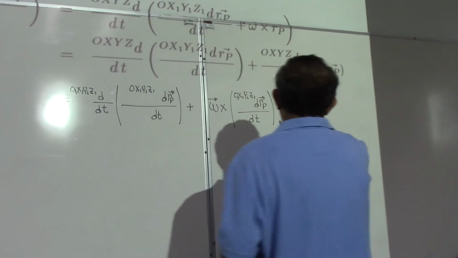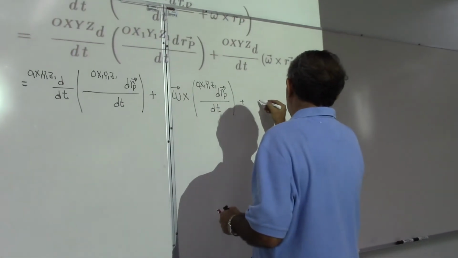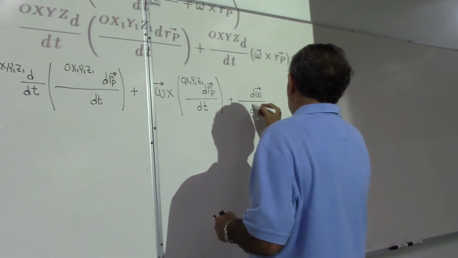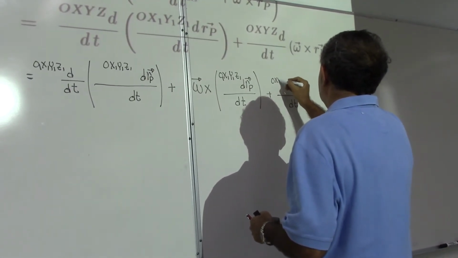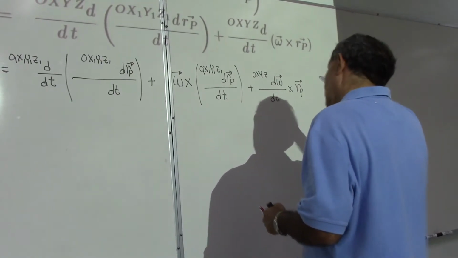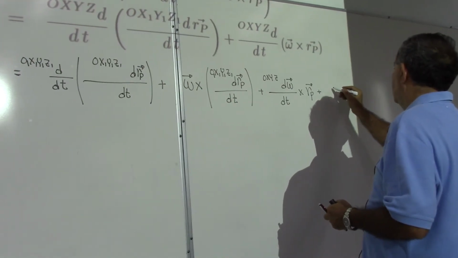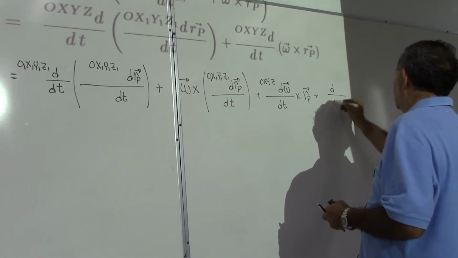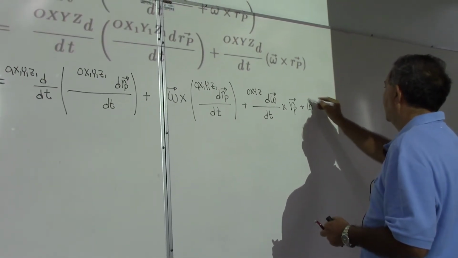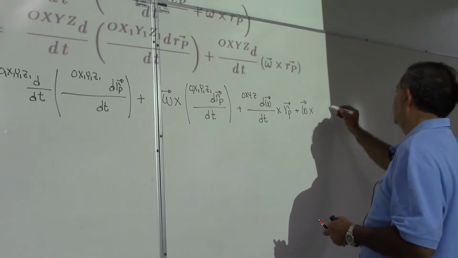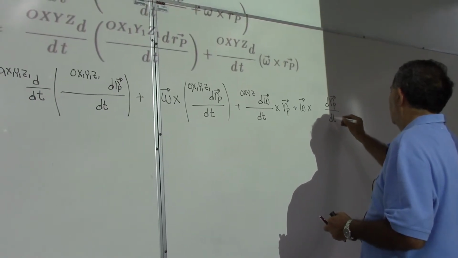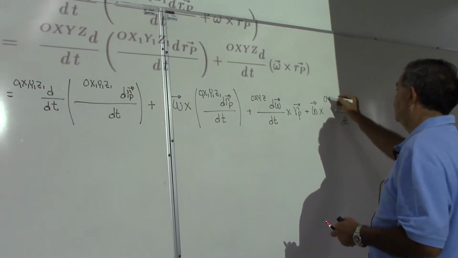Over here we are going to have the time derivative of the angular velocity times Rp, plus omega plus the time derivatives of Rp with respect to time and with respect to the fixed reference frame.